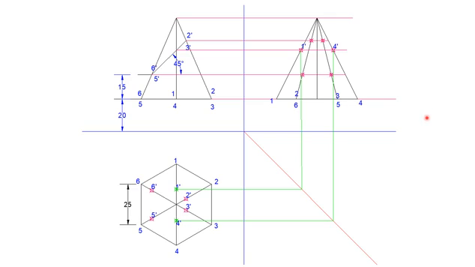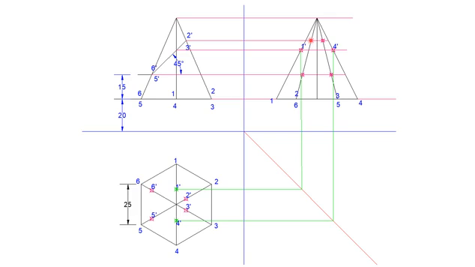So we are almost done because on the end elevation, the cutting is already complete, because we already have 2, 3, and 2 prime.